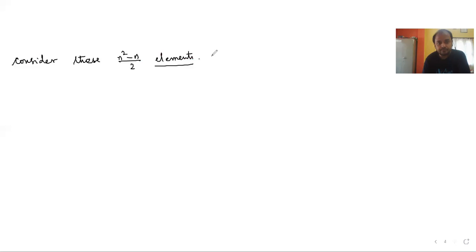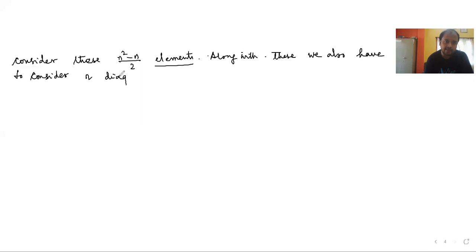Along with this, we also have to consider the n diagonal elements.